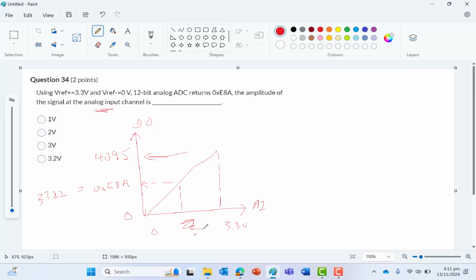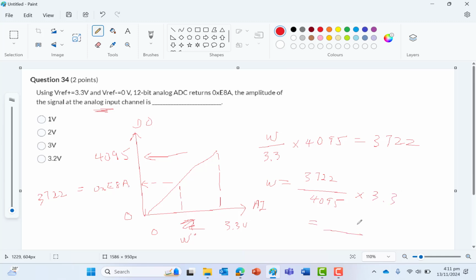So let's say I call this one W. W over 3.3 multiplied by 4095 is the same as the decimal number 3722. Your W can be worked out by manipulation, times 3.3, then right away you get the answer.